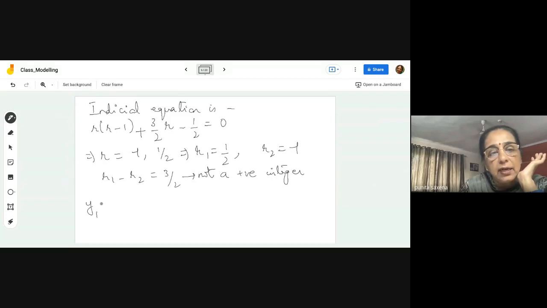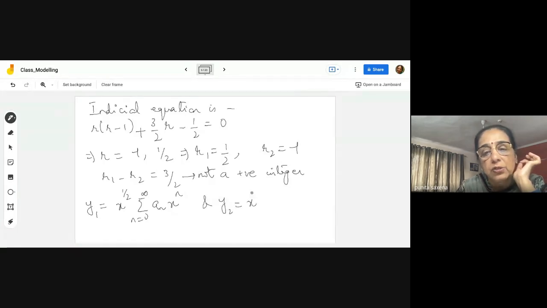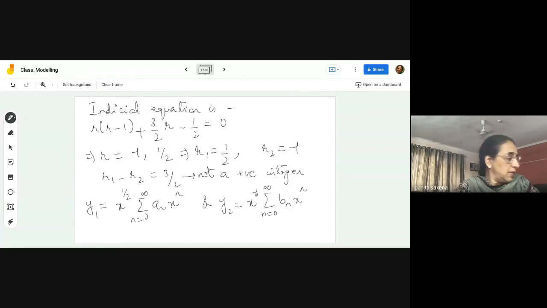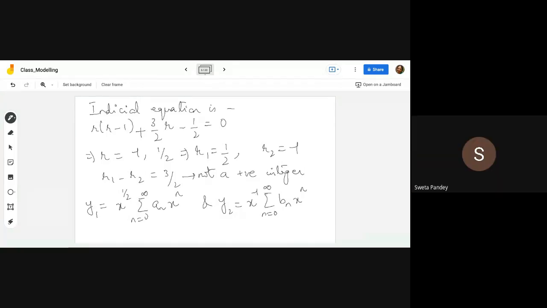So I say let y1 be x to the power half, because this corresponds to the larger exponent, summation an xn, n from 0 to infinity, and y2 will be x to the power minus 1 summation bn xn, n from 0 to infinity. Is this clear? Yes, ma'am.